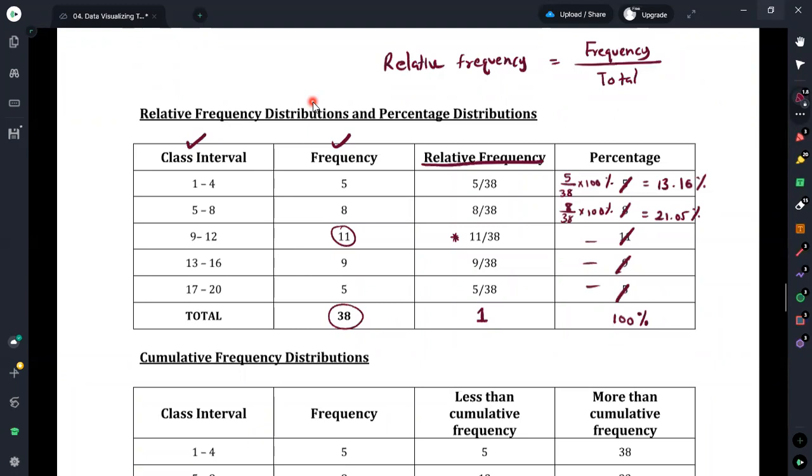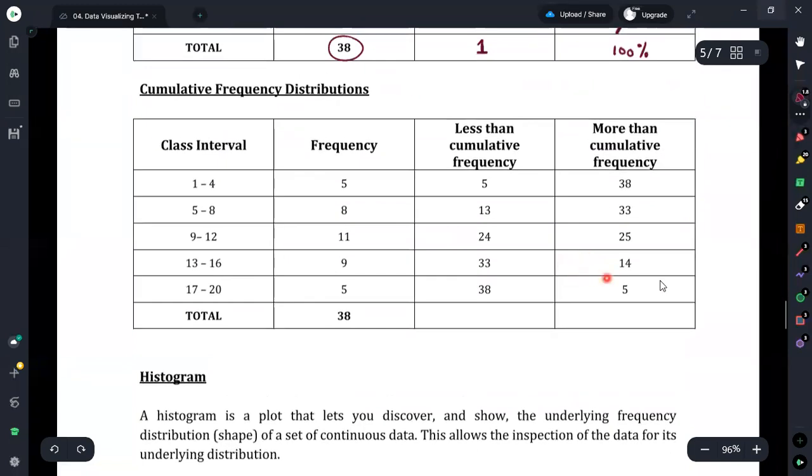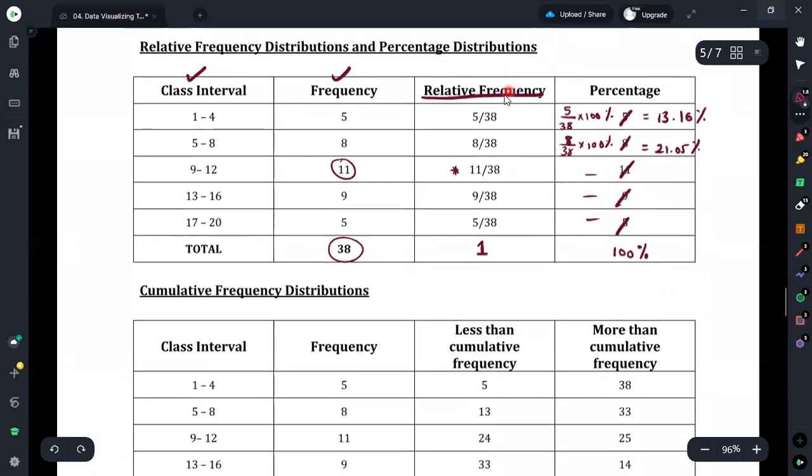And then we will move to obtaining the cumulative frequency distributions. Okay, prior to that, I forgot to discuss this part. The percentage, in the sense, we can say that 13.16% of the tree leaves are in the range of 1 to 4 centimeters.